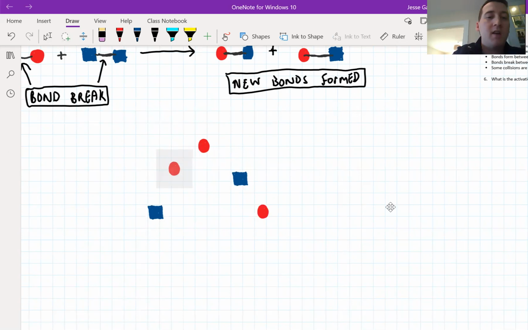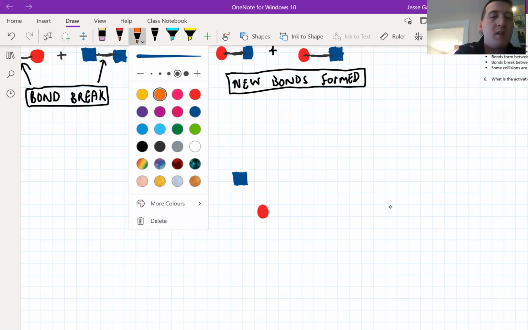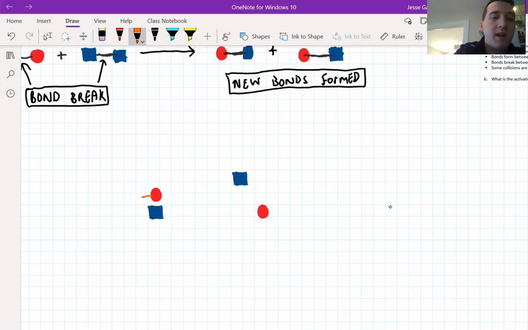Eventually, 2 of these are going to come close enough, and they're going to collide with enough energy to make them react together. This is what we call the activation energy.